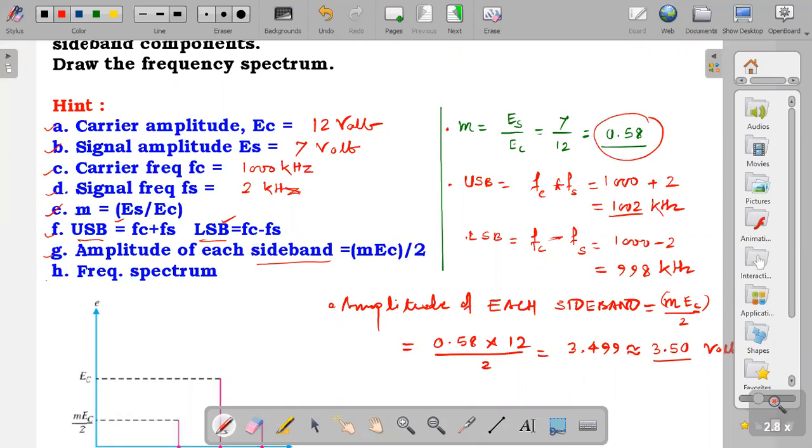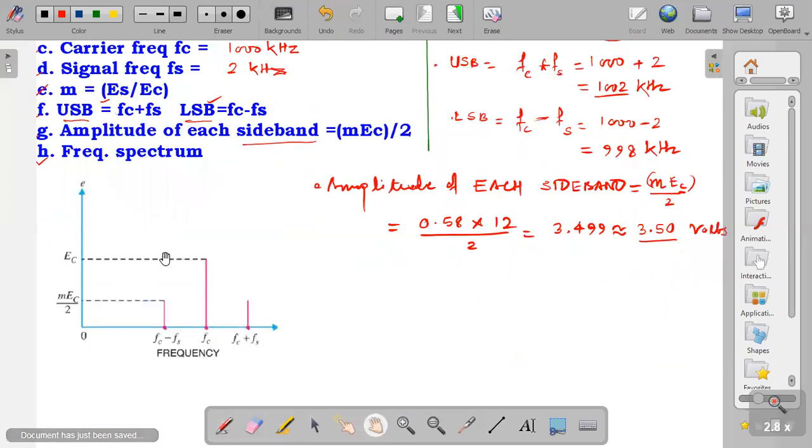Next is to draw the frequency spectra. Now see the procedure to draw frequency spectra. I will use a different color.